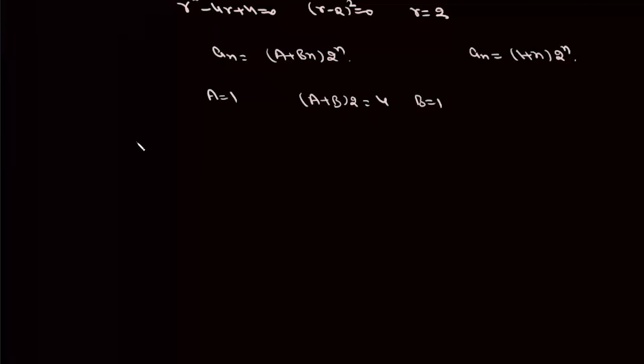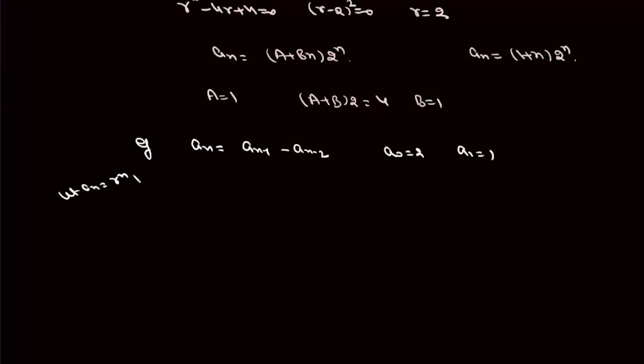Say for example, we are given this recurrence a_n equals a_{n-1} minus a_{n-2}. Here a0 is 2 and a1 is 1. Now again, a_n is r to the power n.